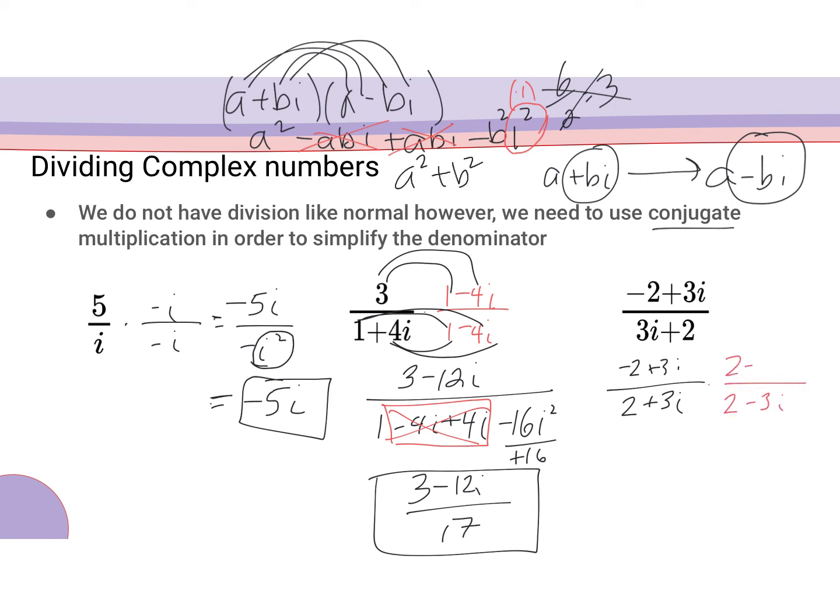And like I said, I like to switch my conjugates. So when I do my distributing, the top part's going to be distributed as well. So this is -4. This is plus 6i. This is plus 6i again. And this one here will get me minus 9i squared.